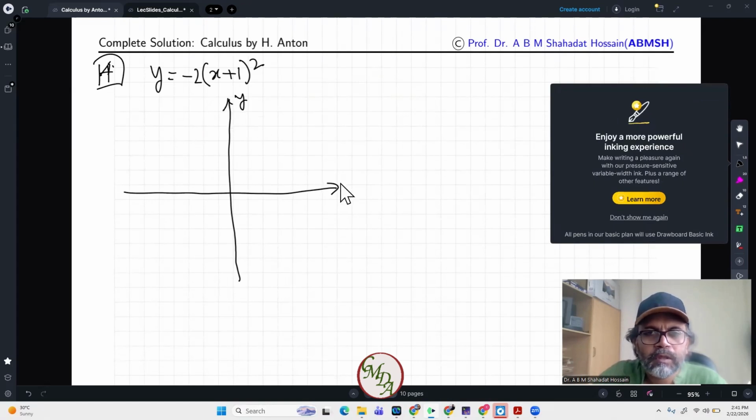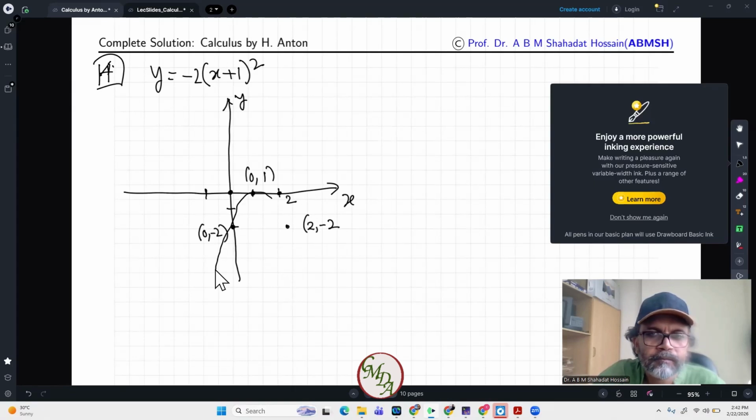All these 3 points: minus 1 becomes 0, 0 becomes 1, and 1 becomes 2. So the point at 0, 0 now becomes minus 1, 0, and then we'll have a point at 0, minus 2, and 1, minus 8, sorry. So the graph shifted 1 unit to the left.